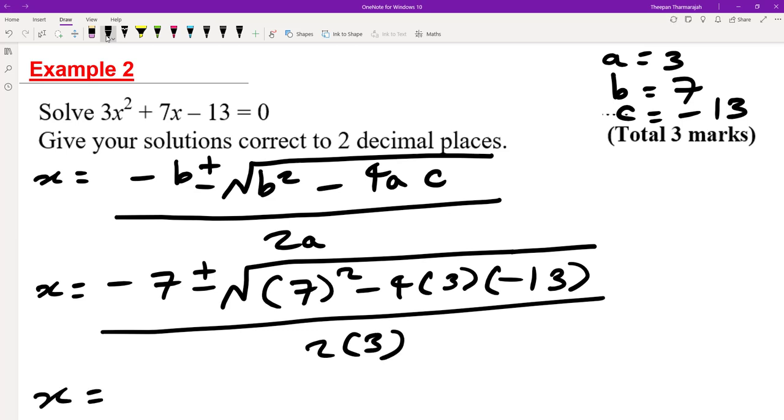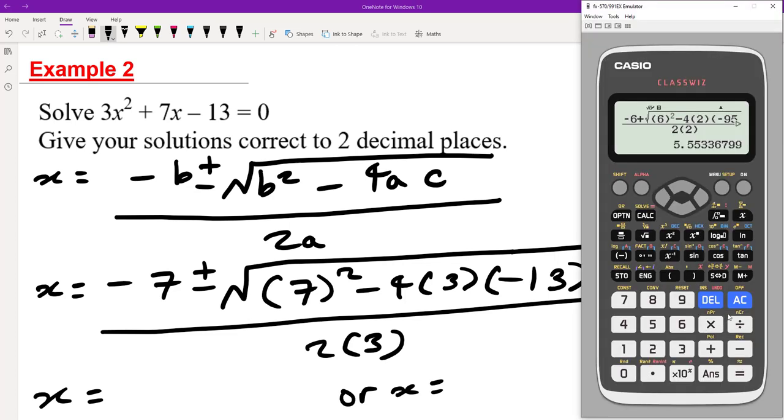And then we can write down our solutions. So we can get our calculator. So it's minus 7 minus the square root of 7 squared minus 4 bracket 3 bracket minus 13 over 2 bracket 3.